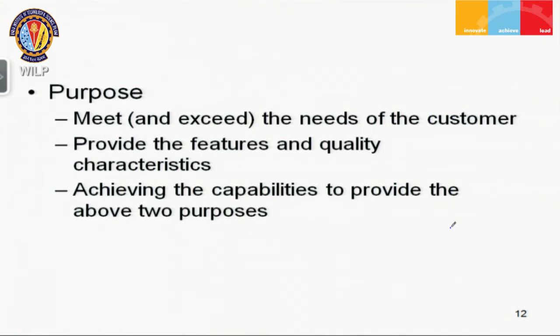The purpose would be to provide whatever features and quality characteristics we are required to provide, and part of the purpose would also be to achieve whatever capabilities we need in order to provide the above two purposes. So broadly we can think in terms of the purpose being to meet the needs of the customer, providing all the quality characteristics, and developing and acquiring the capabilities to provide these above.